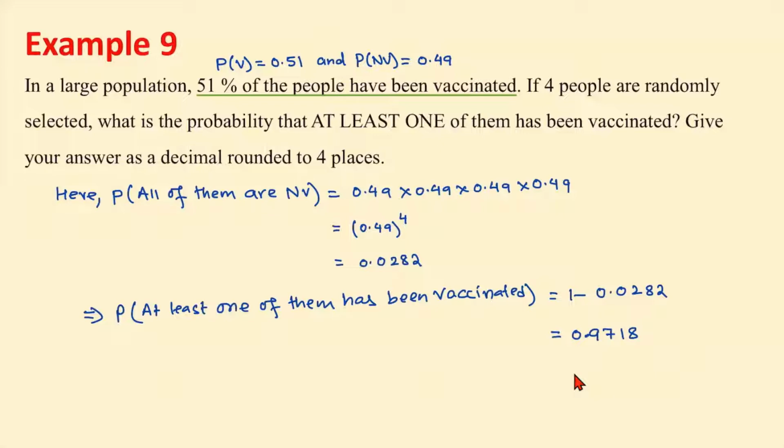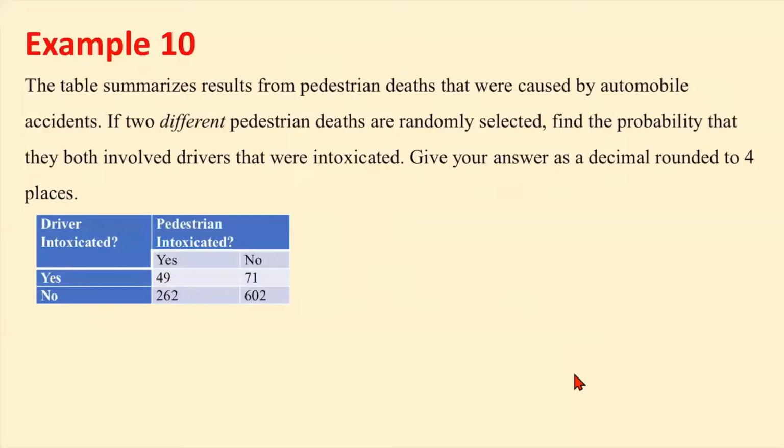Okay, that's number 9. Let's look at number 10. Number 10 is also similar to one of the problems we did earlier, but let's find out what is given and what we are asked to do. The table summarizes the results from pedestrian deaths caused by automobile accidents.